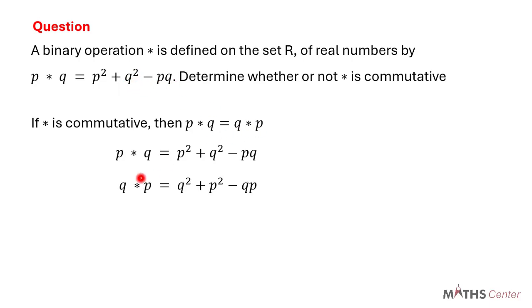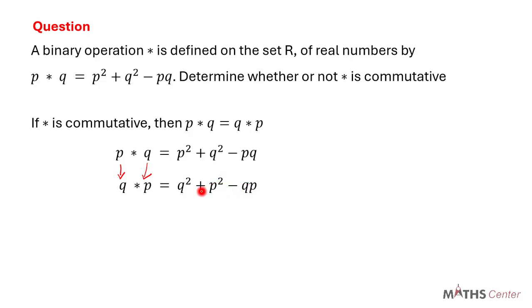We can find Q star P because we have the definition. When we compare P star Q to Q star P, we can see that P will be Q and Q will be P. So Q star P will be equal to Q squared plus P squared minus QP.